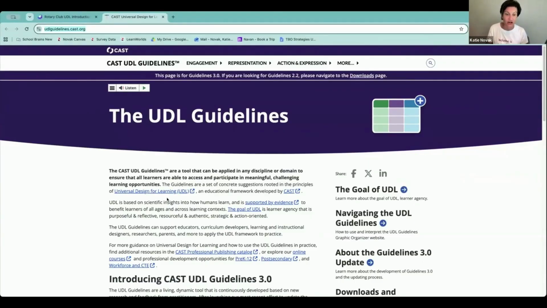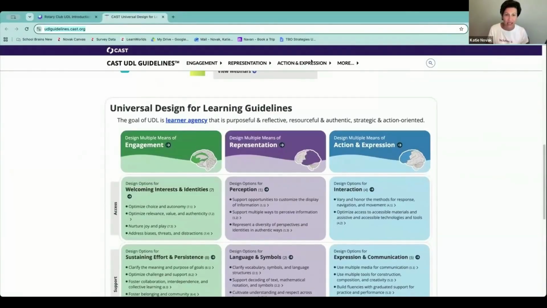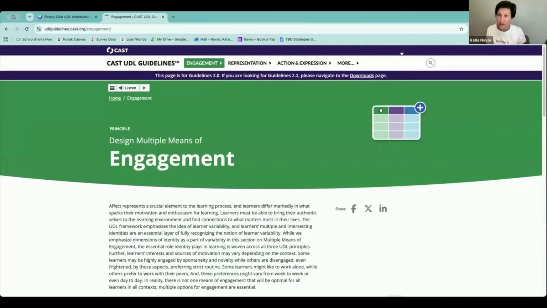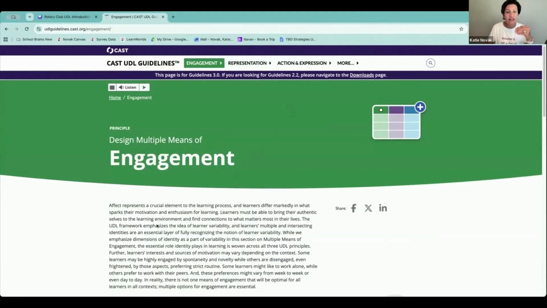So just as I had shared, if you go down to this site, you can realize that I say, okay, tell me more about engagement. And we go through here and it talks about what engagement is from the learning and the brain perspective. Okay, what actually is engagement? Okay, and it talks a little bit about how we have to be able to bring our authentic selves. We have to feel interested. We have to be willing to put in effort. We have to see that it's worthwhile.